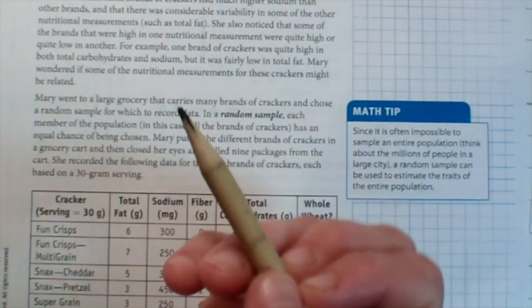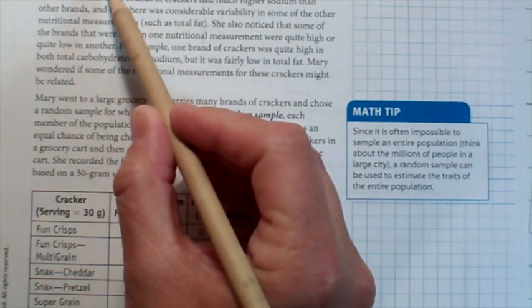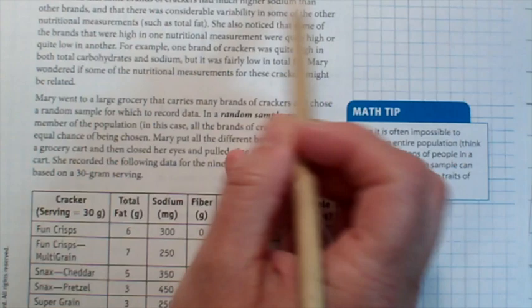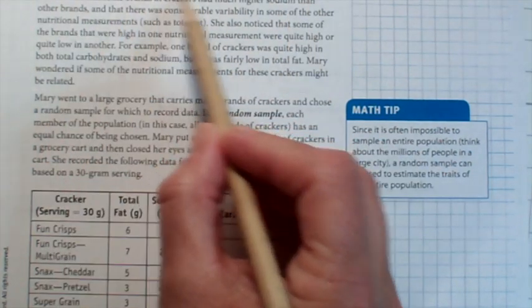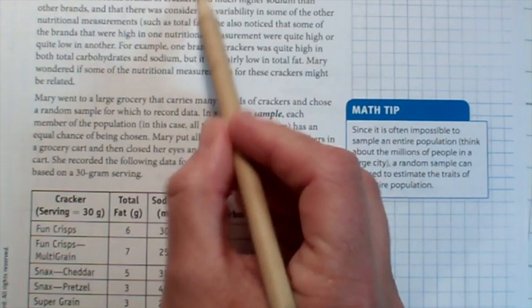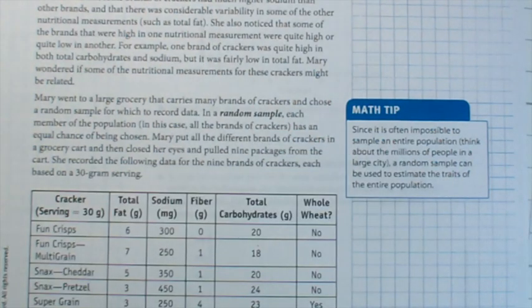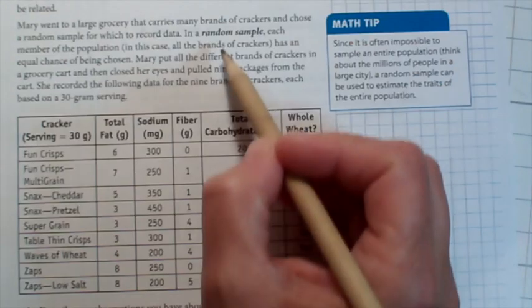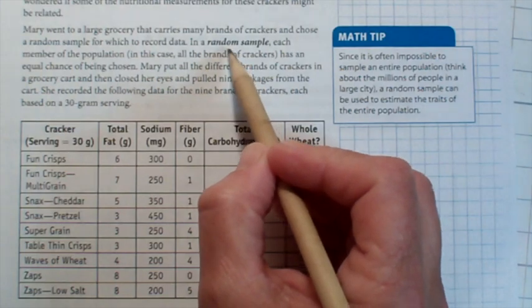In this example, the population we're looking at, sorry you can't see it, it's off the screen, but in your book you can see that it's crackers. So she has a question about crackers, she's interested in crackers, so she's going to do a statistical study on crackers. So she goes to the grocery store, she wants a random sample.